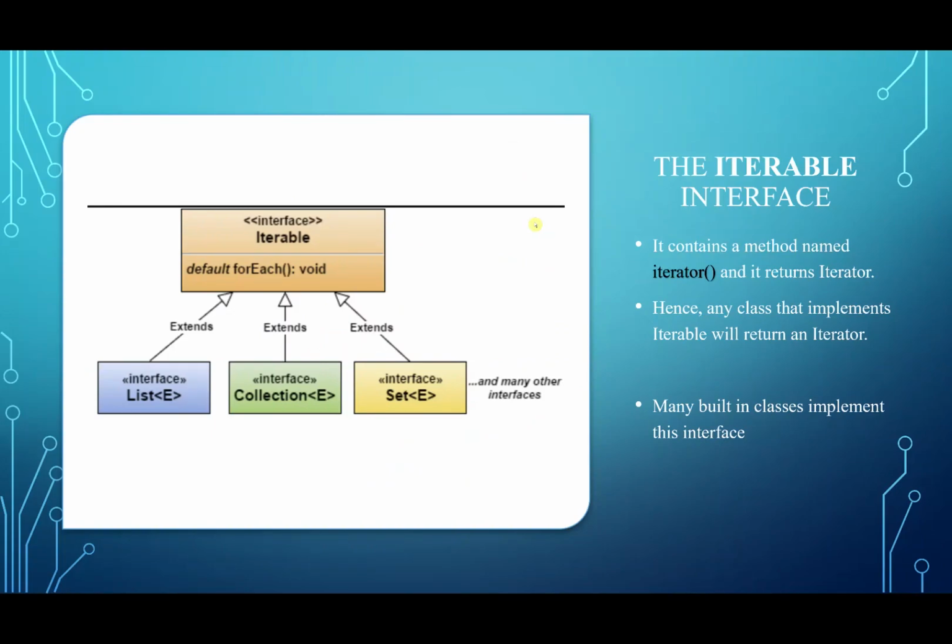So the Iterable interface contains a method named iterator and it returns an Iterator. As you can see, we used collections before, right? And we used List. Both are extending the Iterable interface. So hence any class that implements Iterable will return an iterator.